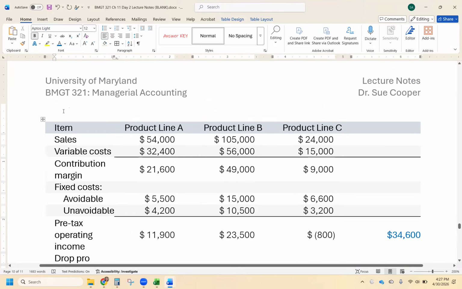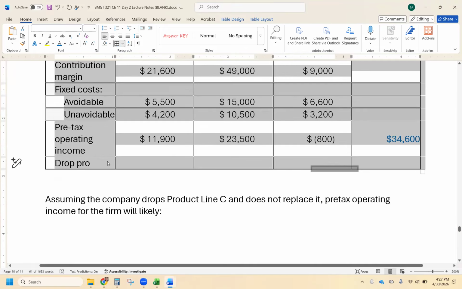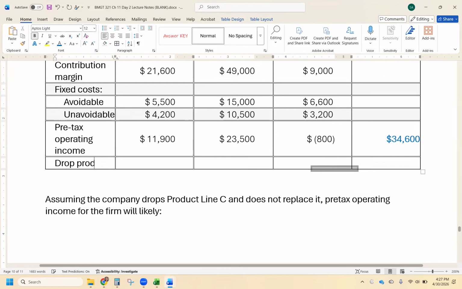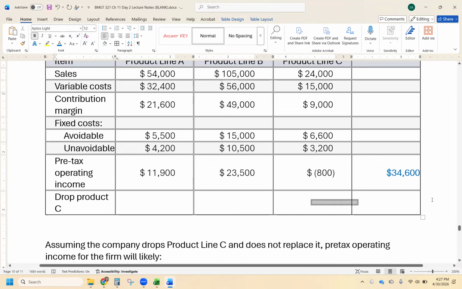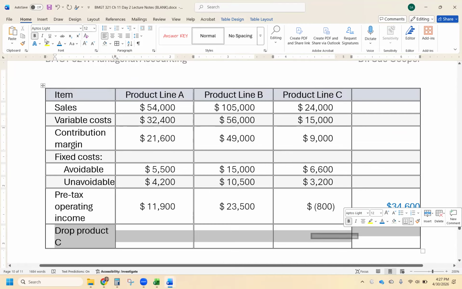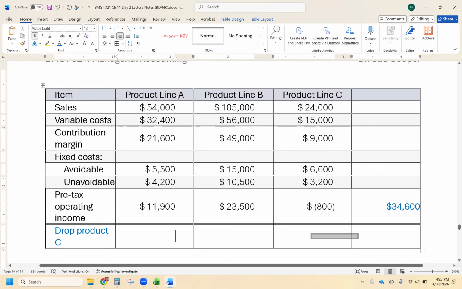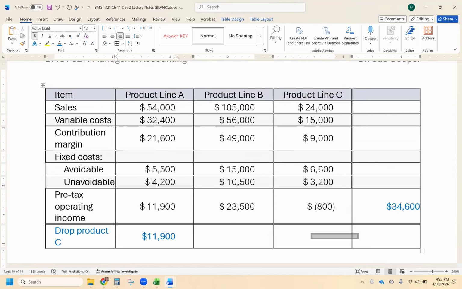I really need those lines. So we drop product line C. All right. Product line A will be making 11,900 as per the usual.